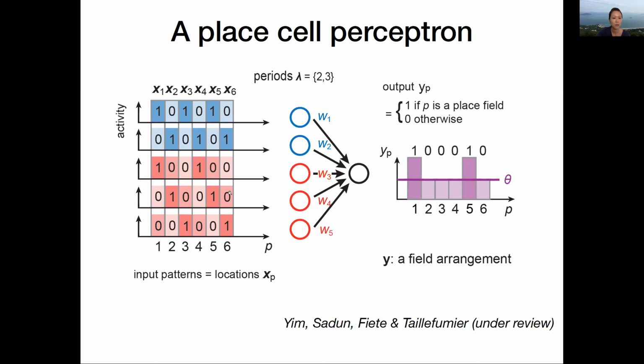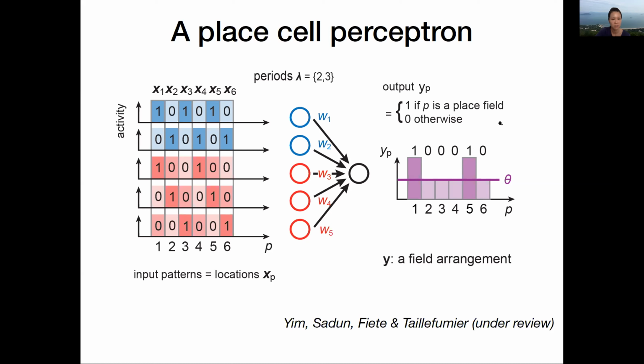And we assign place fields in the output. If the location is a place field, the output corresponding to that location is 1, and 0 otherwise. In this example, we want locations 1 and 5 to be our place fields.